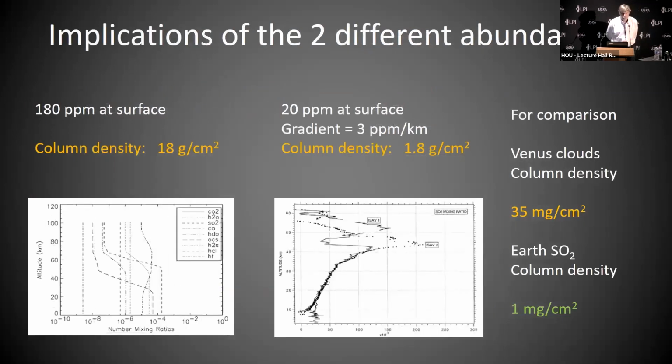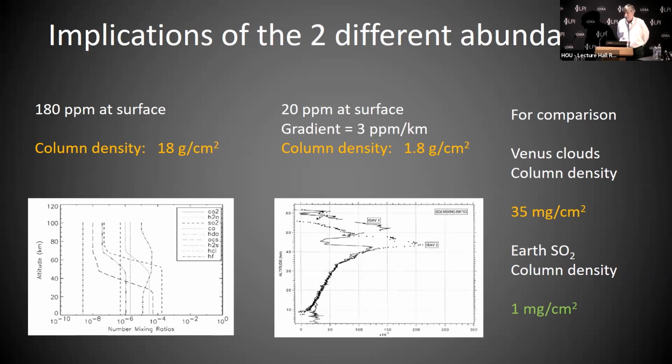So the implications are that at 180 parts per million, I calculate this is a column density of about 18 grams per square centimeter. For the Vega result, we get a column density about 1/10 of that. And there's a big difference, and there are some important implications of that difference.